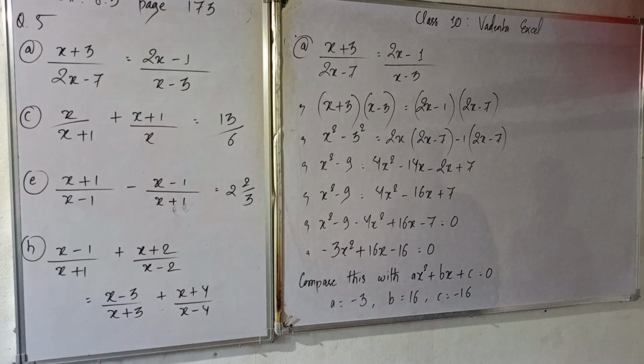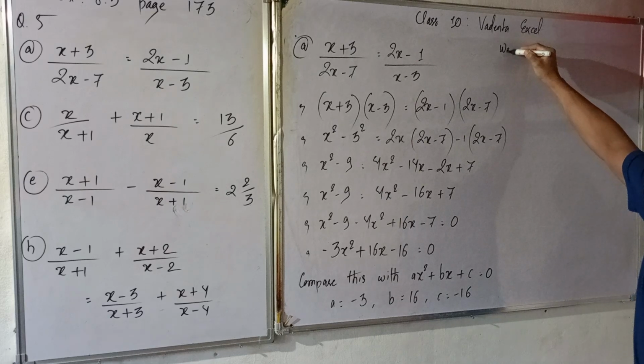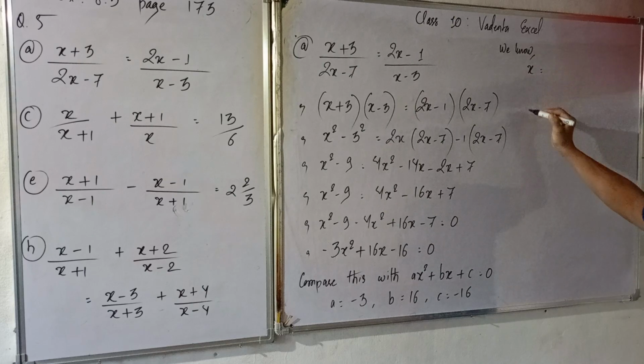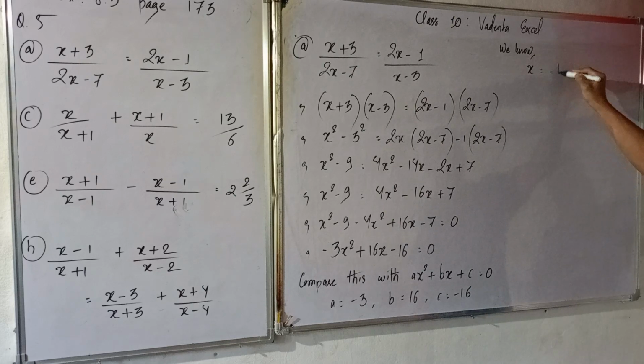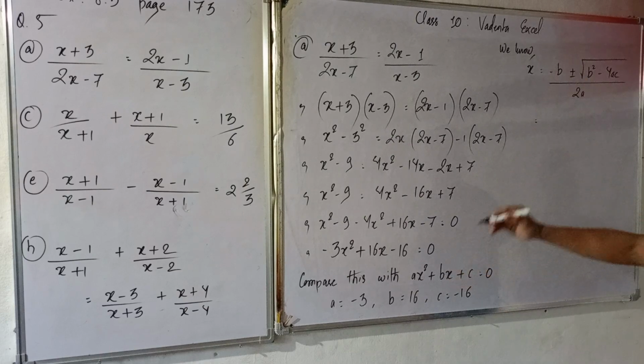Now use the formula just like we did before. We know the formula is x equals minus b plus minus under root b square minus 4ac, divided by 2a. You just substitute the values.